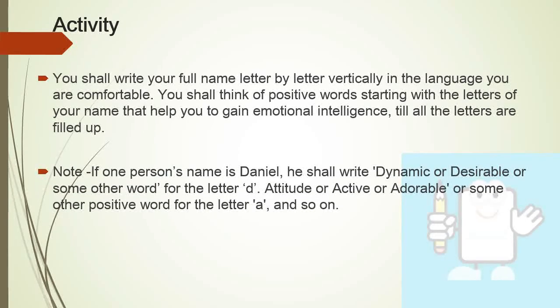For example, if a person's name is Daniel, he shall write D-A-N in a column vertically, and he may write D for dynamic or desirable or some other word that is starting with letter D. Then A for attitude or active, adorable, even some other word he might write, and it goes like that.